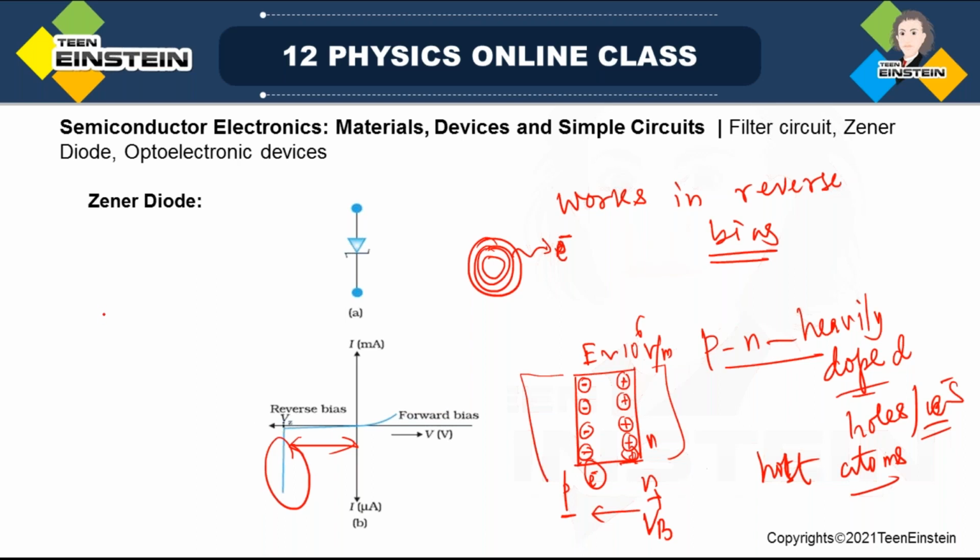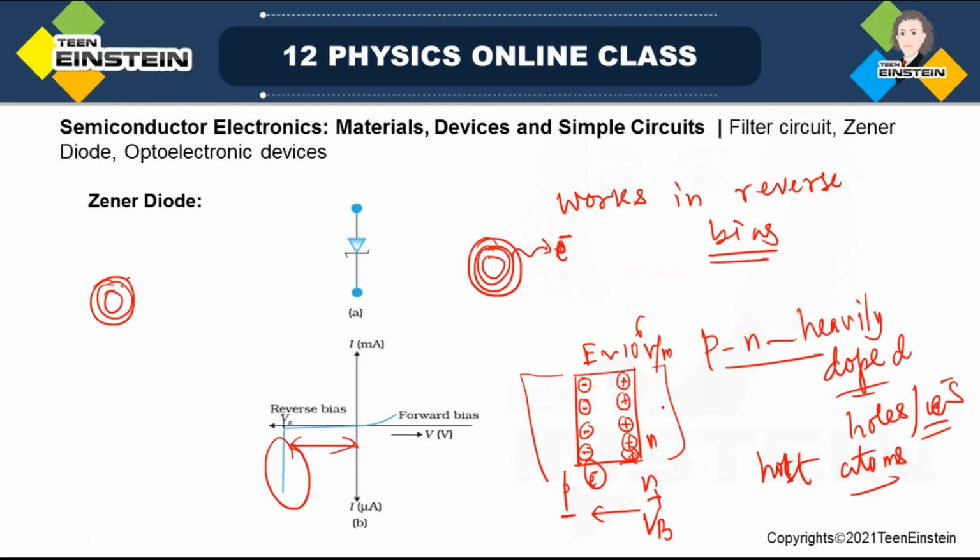It is called rupture of the atoms. Host atoms have their electrons again in the core shells. Even from the relatively core shells, electrons will be pulled out by such a high electric field across this depletion layer.